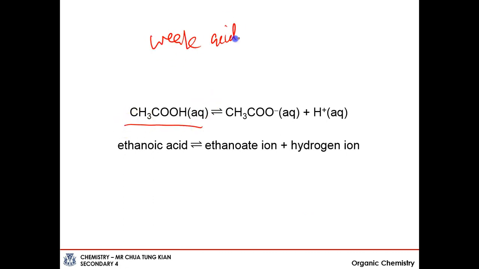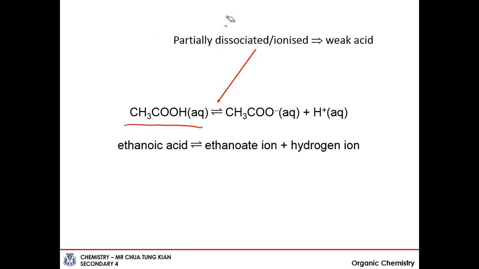If you remember the definition of weak acids, it means that they are partially dissociated in the presence of water to give you the H+ ion. This H+ ion gives rise to the acidic properties of the carboxylic acids.